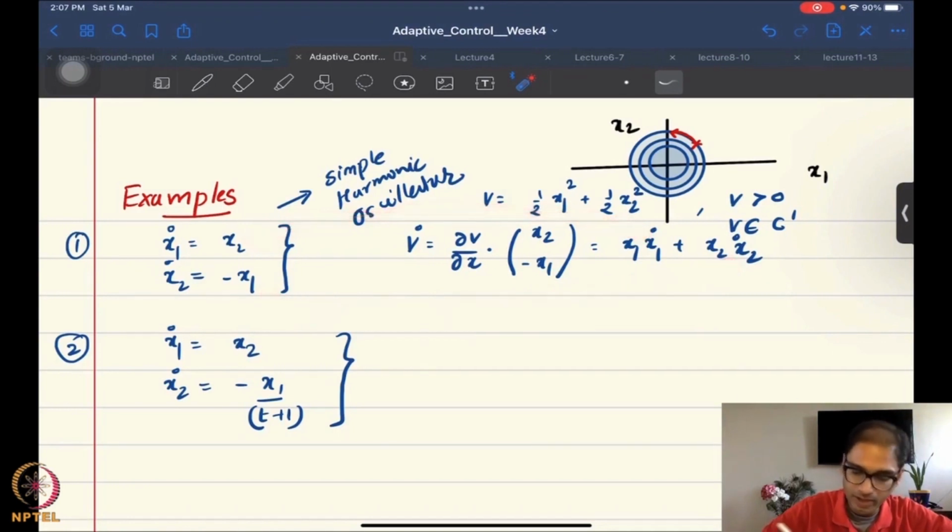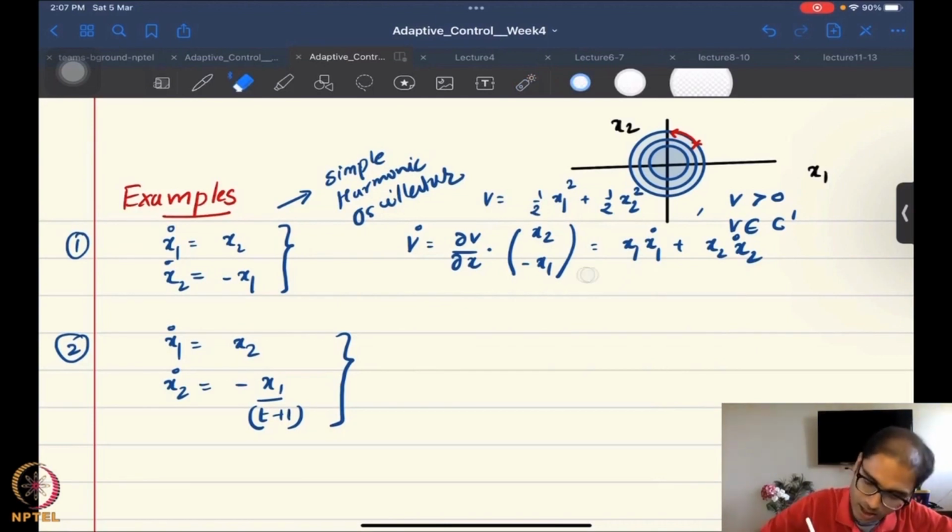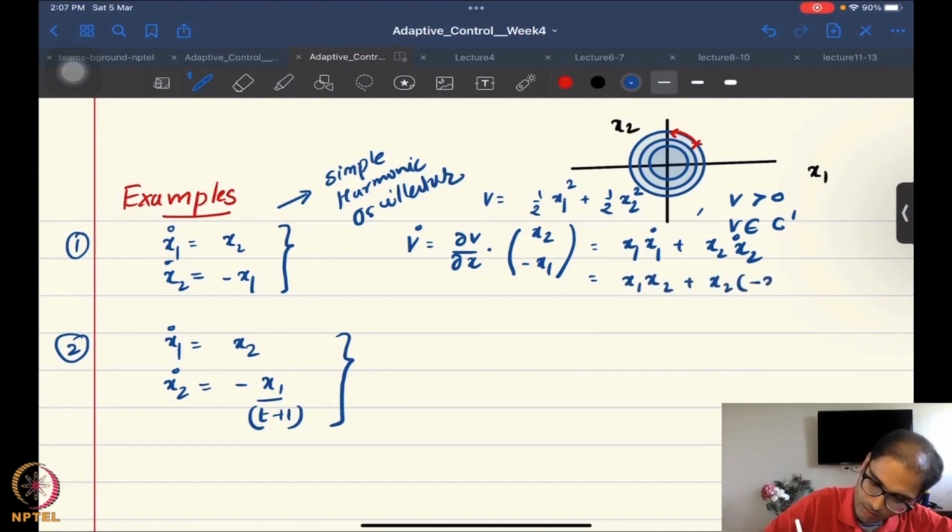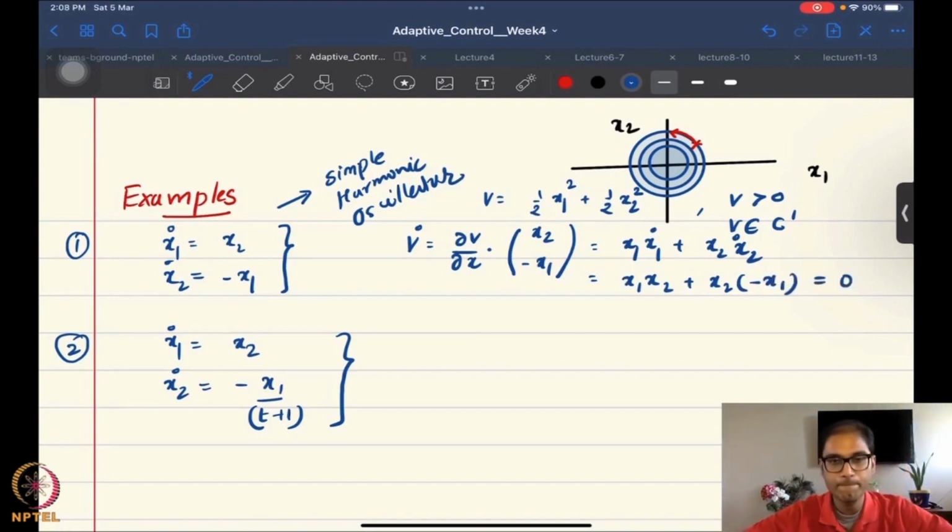That's the directional derivative, because all I'm doing is substituting from the current dynamics. You will get x1 times x2 plus x2 times minus x1, which is exactly 0, and therefore it is also less than or equal to 0, negative semi-definite.